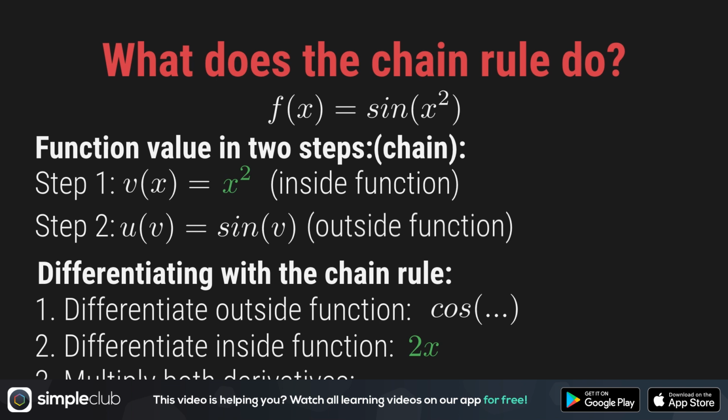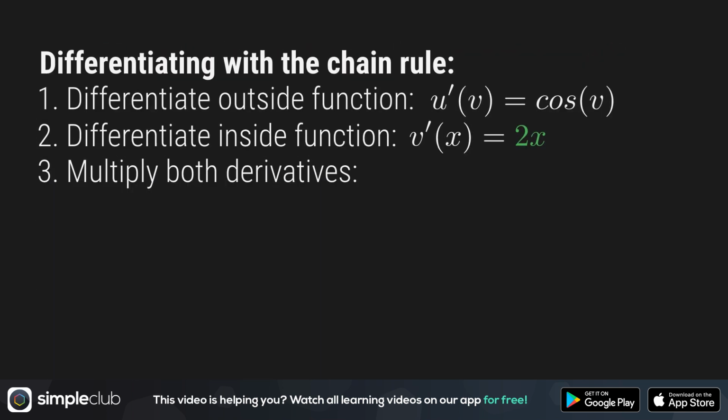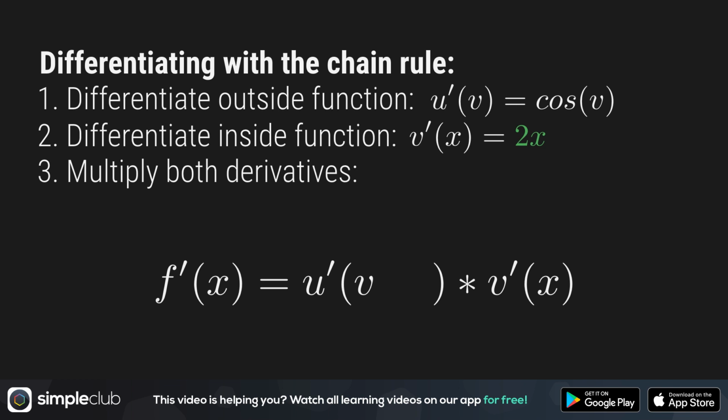Now for the chain rule, differentiate both. First, the outside function, the derivative of u of v is the derivative of sine of v, so the cosine of v. Then, the inside function. v derivative is x squared derivative, so 2x. Now we multiply both derivatives. Pay close attention. This is where that wacky equation comes from that you might have seen before.